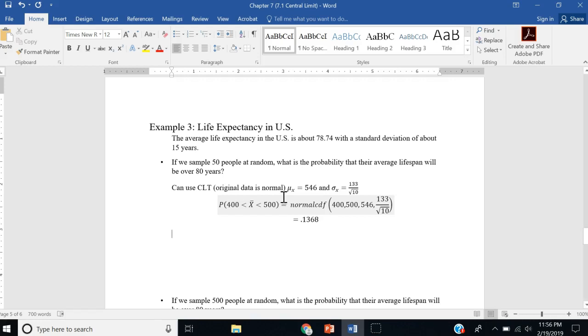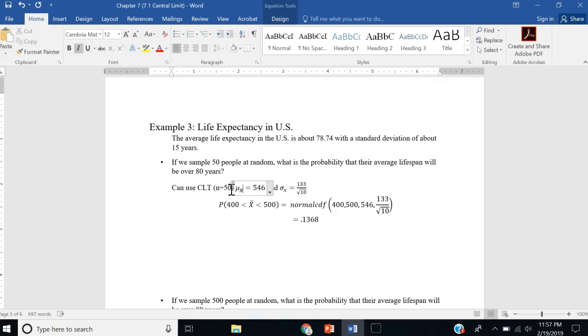You know, most people die at older ages, and then there's all kinds of peaks and valleys. So probably our original data is not normally distributed, but we can still use the central limit theorem because our sample size is 50. And as long as our sample size is bigger than or equal to 30, we're fine.